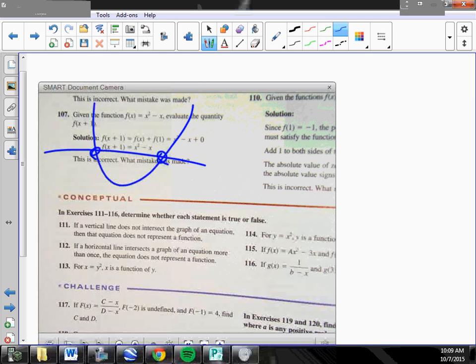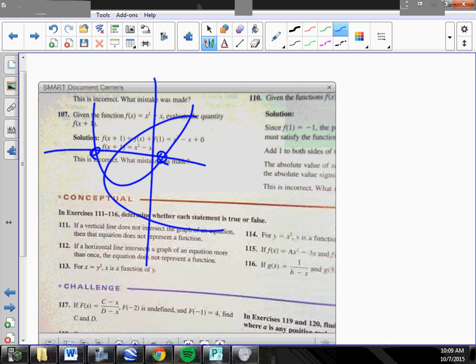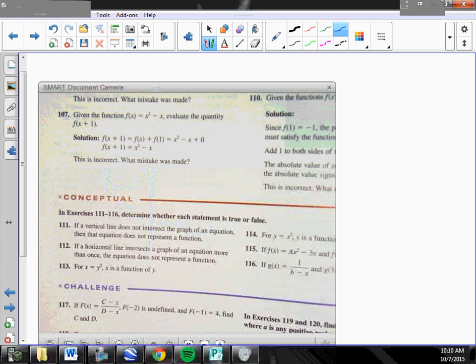Now, if I invert this, will it be a function? No, because when I invert it, it will look like that, and then it fails the vertical line test. So if it passes vertical and horizontal, it's called a one-to-one function, which means that it's invertible and it is still a function. Okay, for x equals y squared, x is a function of y squared.